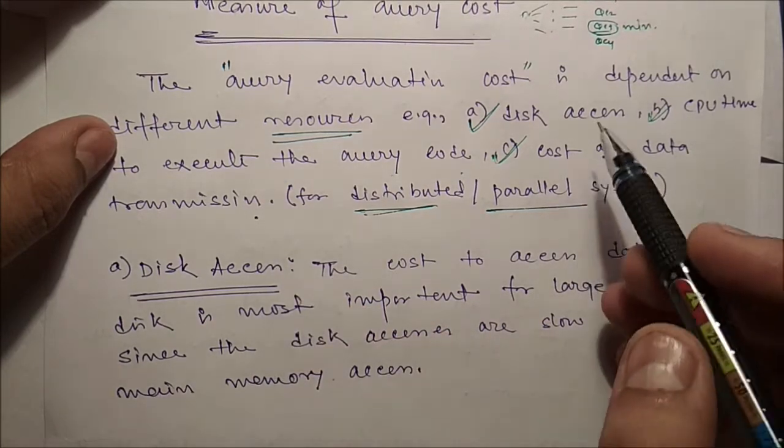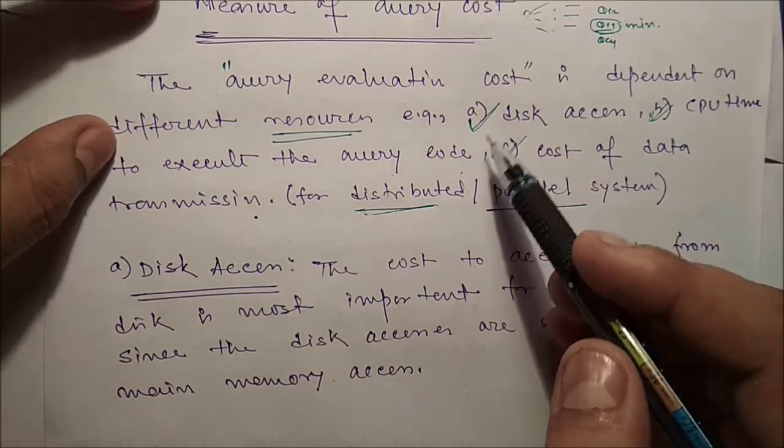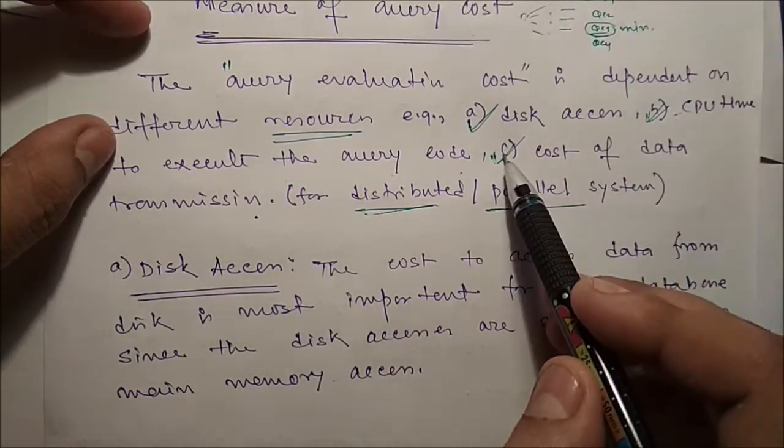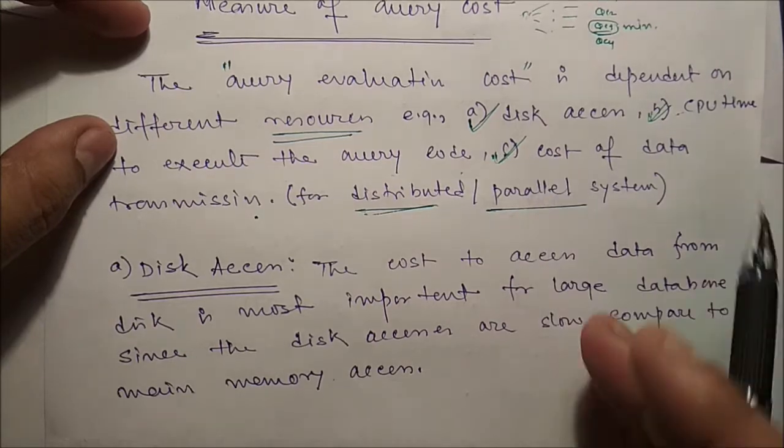Are you getting this one? So these three are the main factors: disk access time, CPU time, and the transmission time. Now we will see one by one.